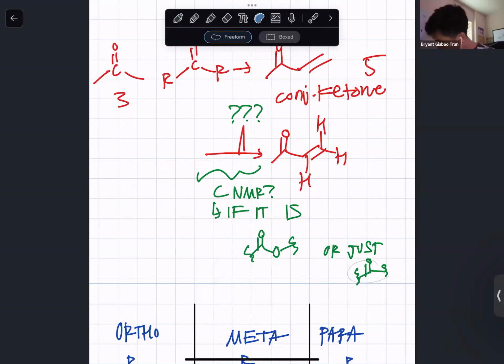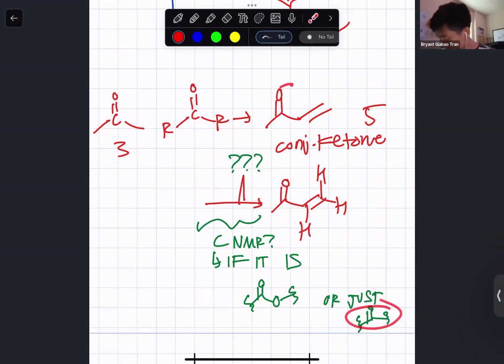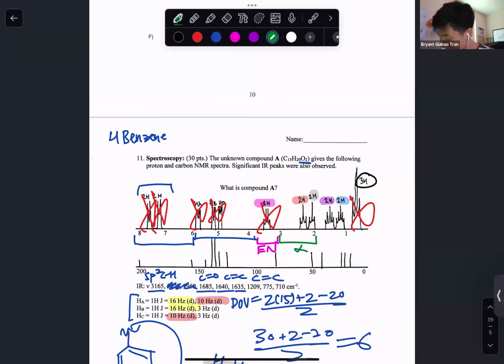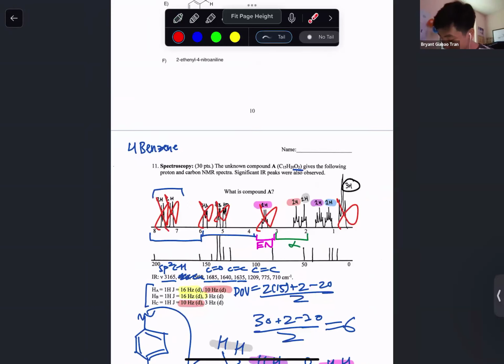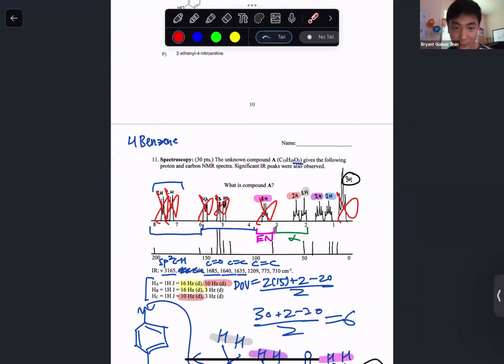And then on the CNMR, it would just say that it's just a carbonyl that's conjugated, no ester from the CNMR. But I did not use the CNMR as you guys saw. I never look at the CNMR, but that was needed in this case to get the exact specific structure.